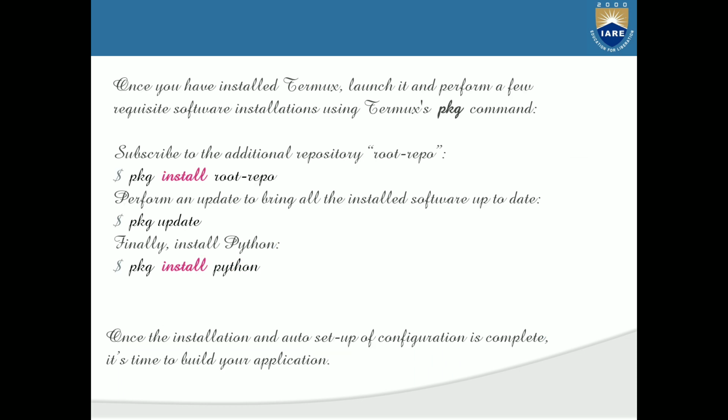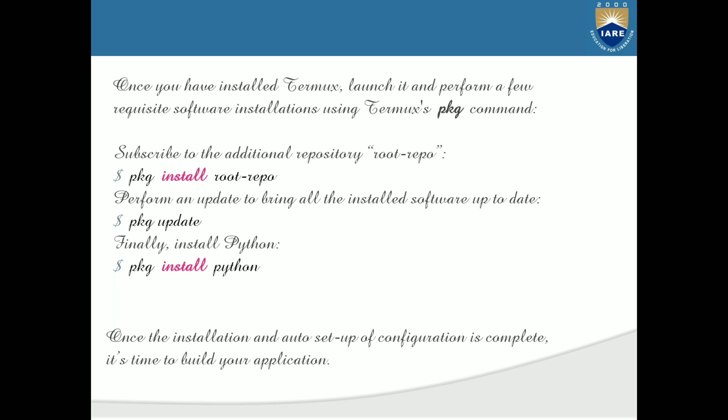Once you have installed Termux, launch it and perform a few required software installations using the Termux pkg command. You need to allow all the Termux package command. Subscribe to add additional repository root repo. pkg install root-repo.